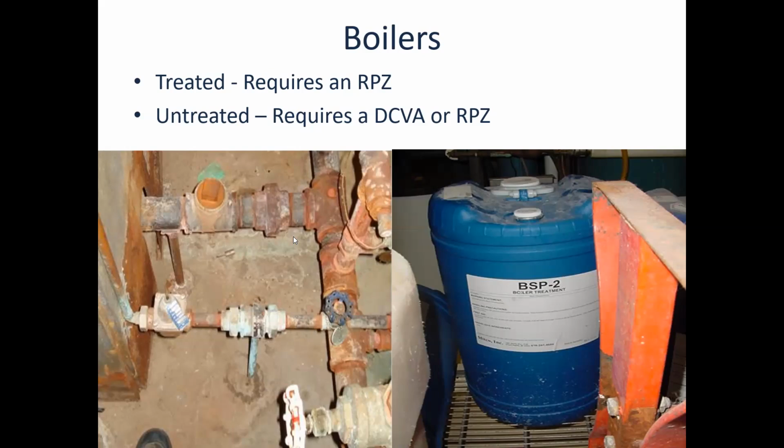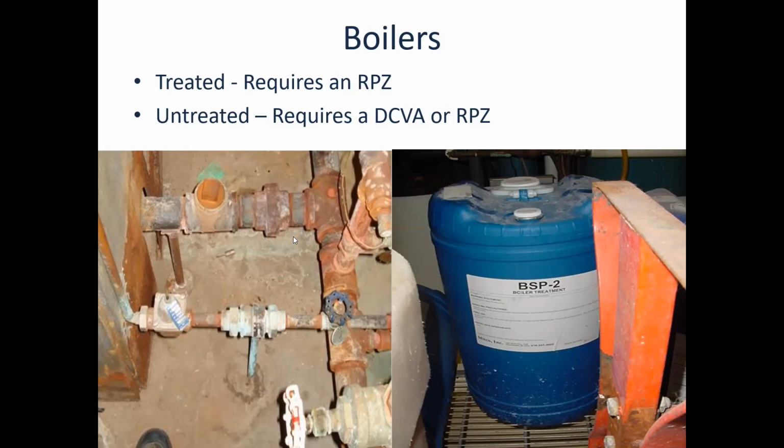The issue with that is that that would only be acceptable with an untreated boiler. Well, as it turns out, in that same room, they found this barrel that might be a little difficult to read, but under that BSP2, it says right on the label, boiler treatment. That really doesn't leave a whole lot of room for doubt.